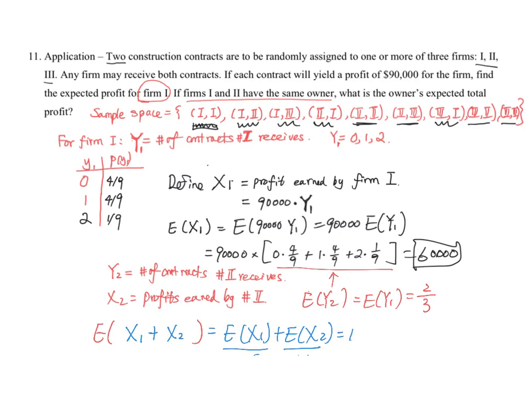They share the same probability distribution, and each contract yields the same profit. So you just double the 60,000. It's going to be 120,000. So that gives the solution for this problem. It's a really good problem. In real life, that's how we compute expectation to make decisions.